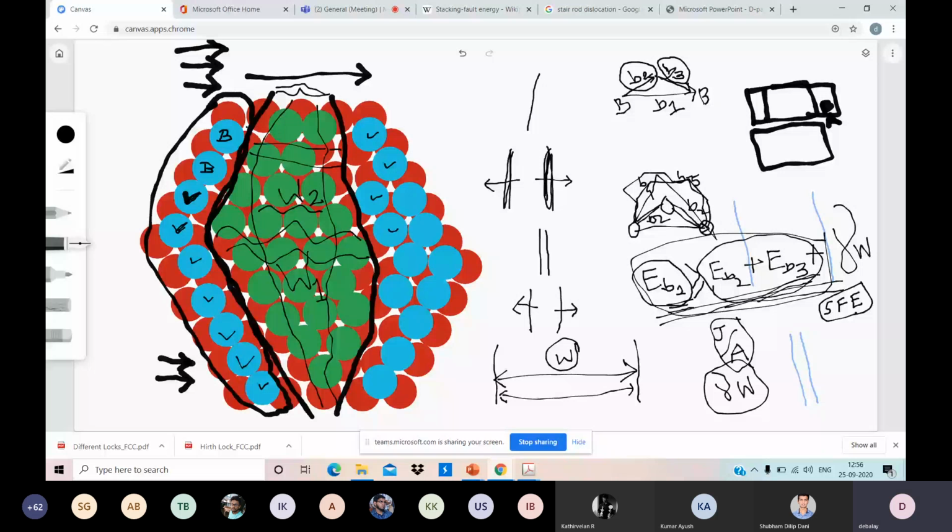If the stacking fault energy value, joule per unit area, is high, the partials will be closer to each other. If the stacking fault energy per unit area is low, then the repulsion will take them to a relatively wider stacking fault.